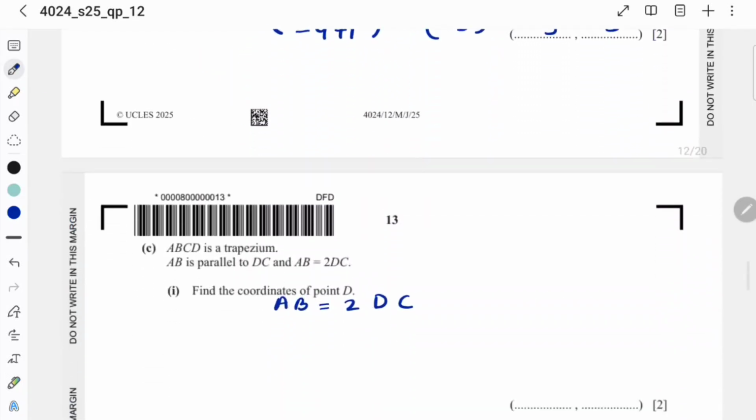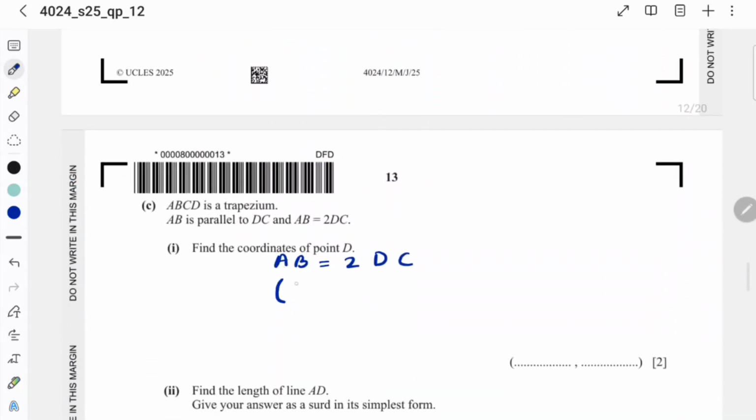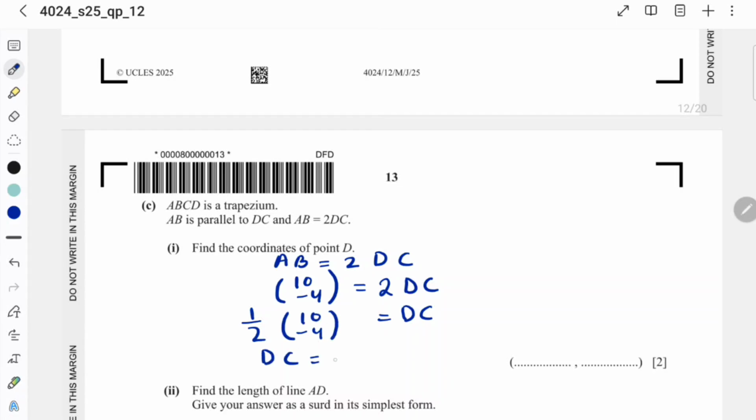So AB is (10, -4), which is 2 DC, and obviously DC will be equal to half of AB. So DC is 10 divided by 2, which is 5, and minus 4 divided by 2 is minus 2. So we found the value of DC.